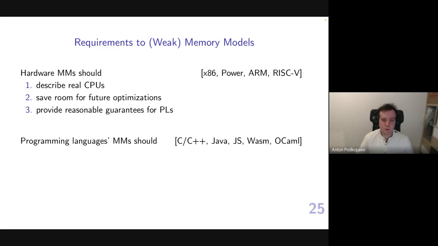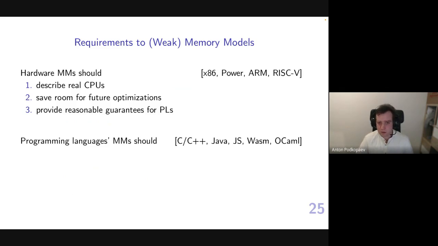Thus, a hardware memory model is required to describe real CPUs, so any behavior which is observable on a real x86 CPU should be allowed by the specification of the architecture. So this gives us a lower bound for behaviors which should be allowed by the memory model of the architecture.